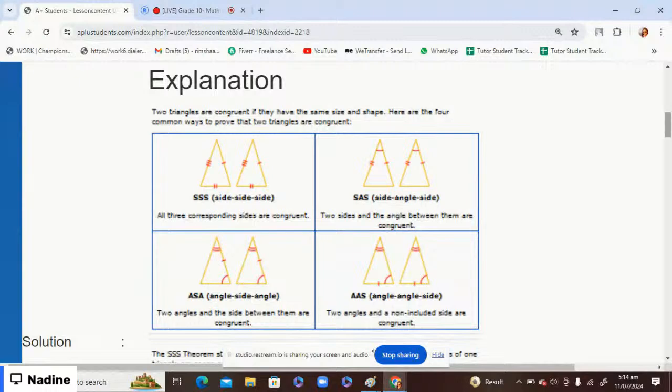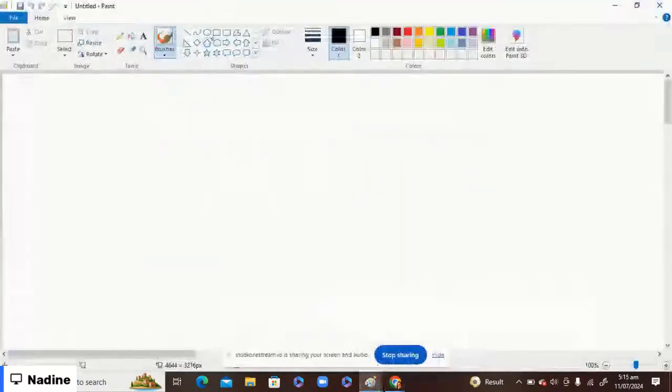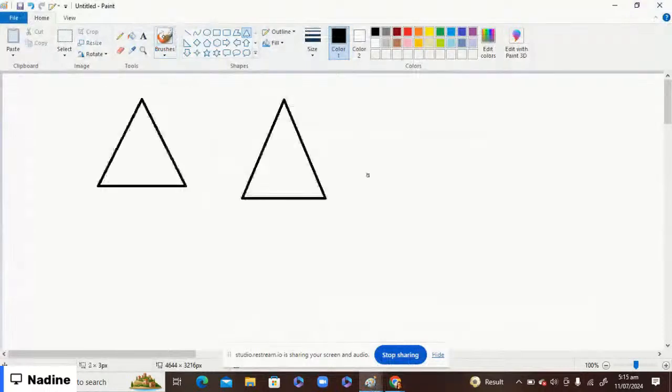For example, if there are two triangles and they say side, side, side, what does it mean? It means you are going to compare the three sides of the triangle. This is the first side, this is the second side, and that is the third side. Got it?